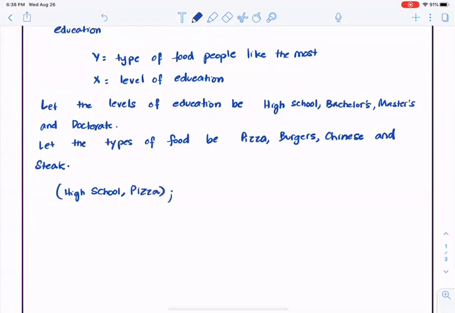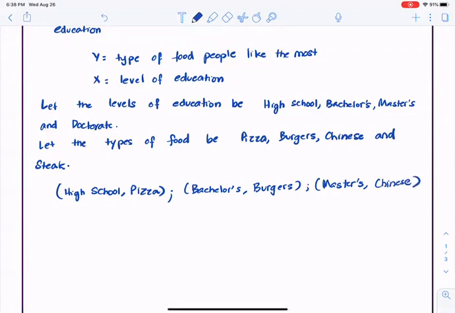The second ordered pair would be bachelor's, and the food that they like the most would be burgers. The third ordered pair would be masters, and the food that they like the most is Chinese. And the last one would be doctorate, and steak is what they like the most.